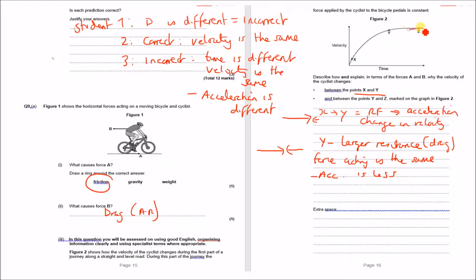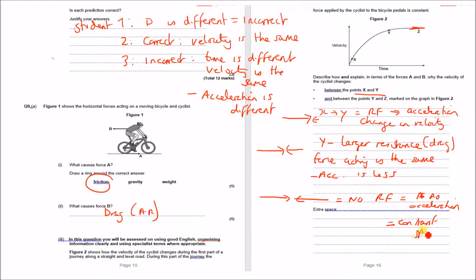Eventually we're going to get this flat part, so it's asking us what happens between Y and Z. Well, eventually we're going to have the same forces. When the forces are the same, there is no resultant force, and if there is no resultant force, there is no acceleration. Okay, if there's no acceleration, it is a constant speed.